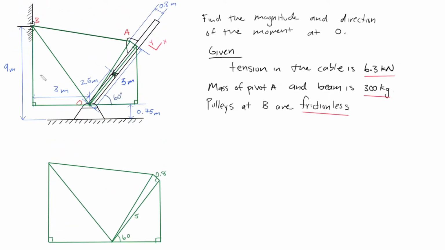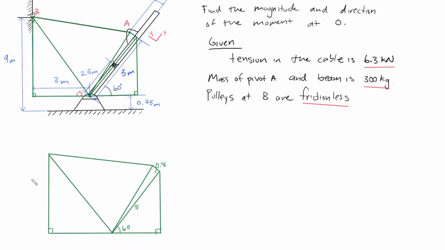If you look at the original picture, the height is actually 9 meters minus this offset of 0.75 meters. So don't get tricked by thinking this is 9. This is actually 8.25 meters. And we're also given this dimension here, which is 3 meters. Is that all the givens in this problem? I believe so. I don't think there's anything else.